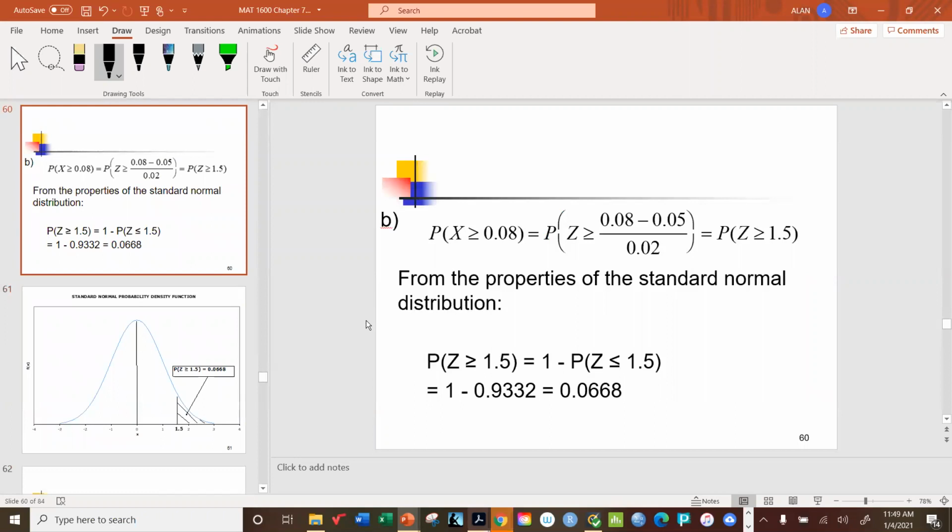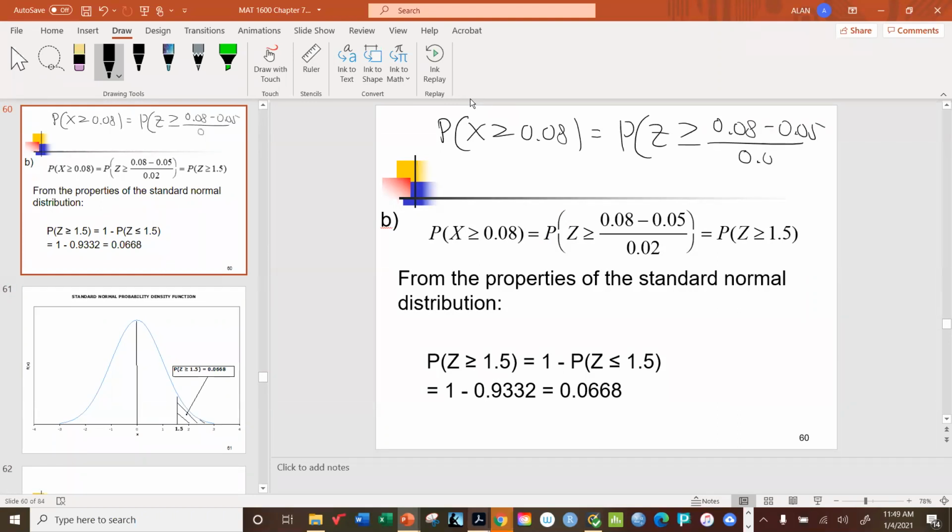Now, how about this one? Ooh, greater than 8%. Now, here, when we convert this, so remember, the mean is 0.05 and the standard deviation is 0.02.